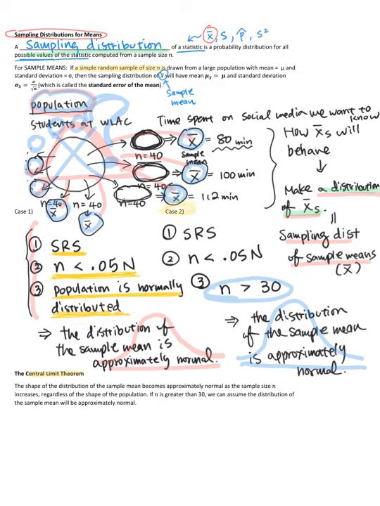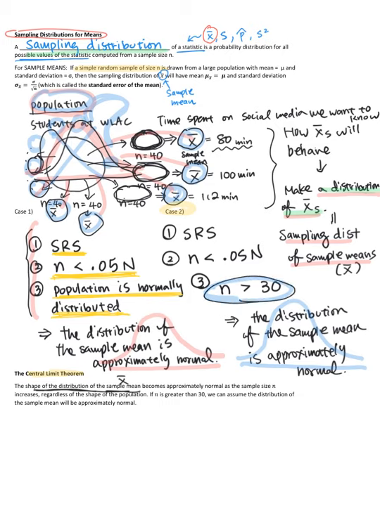So that's case 2. It says the shape of the distribution of the sample mean x bar, so when you make a distribution of x bars, it becomes approximately normal as the sample size n increases, regardless of the shape of the population. Remember I said it doesn't matter if the population is normal or not.